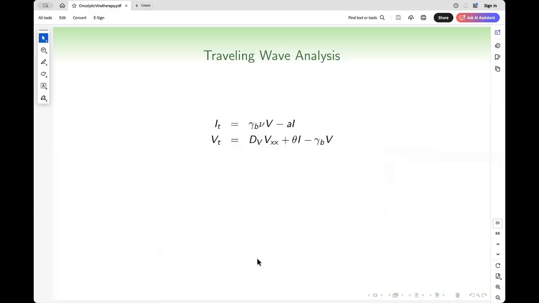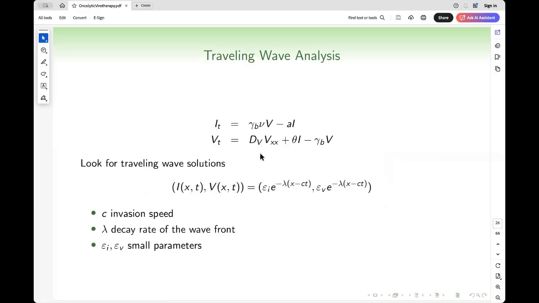So now for this little model, we have all the parameters identified. So we would like to know how quickly the virus spreads over the cancer domain. So we do a traveling wave analysis. And just to remind you how this works, you take I and V near a steady state, and then you do a leading edge analysis. So you assume you have x minus ct, which are the traveling wave coordinates.